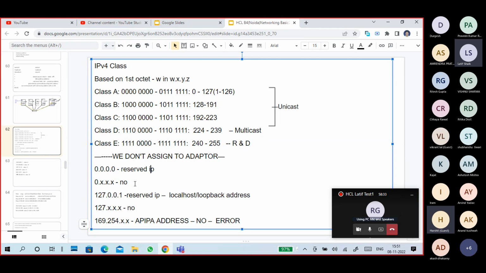We don't use it, meaning we don't assign it to a PC, a computer, a laptop, or a mobile phone.